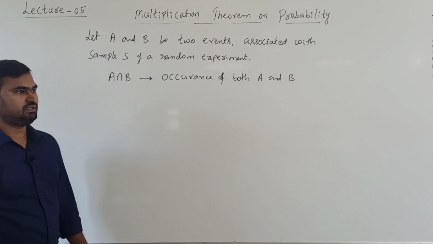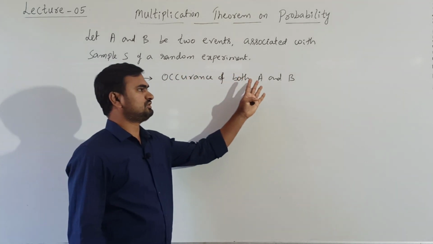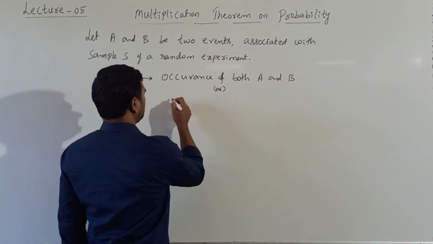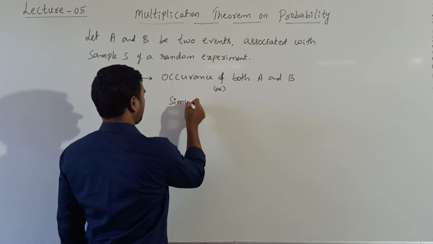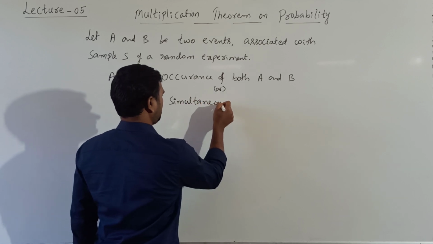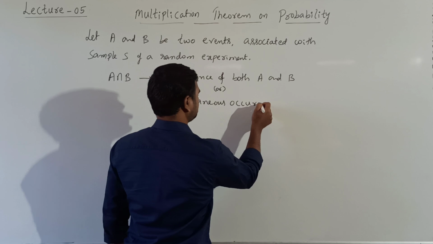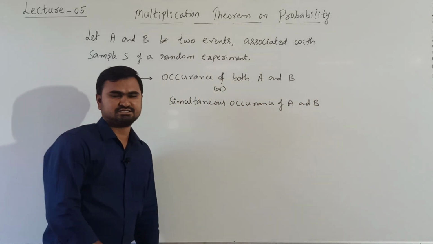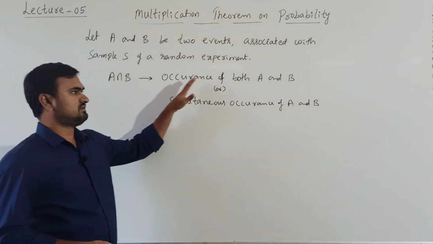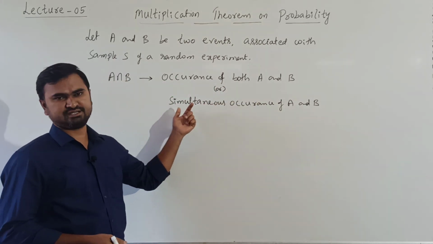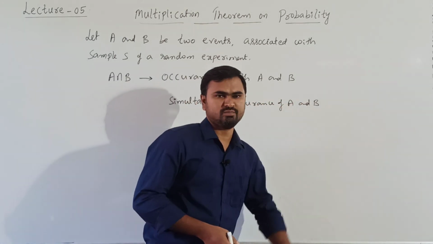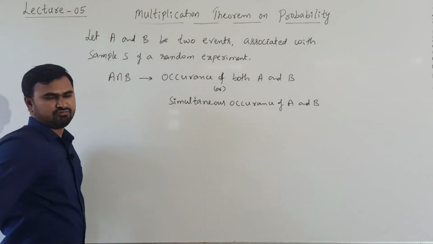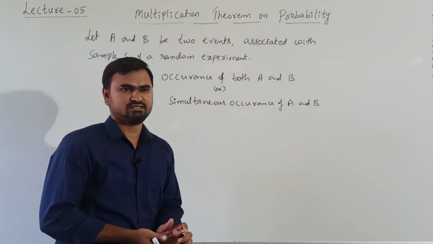A intersection B denotes the occurrence of both the events A and B, or the simultaneous occurrence of the events A and B. Now we are finding the probability of this event.